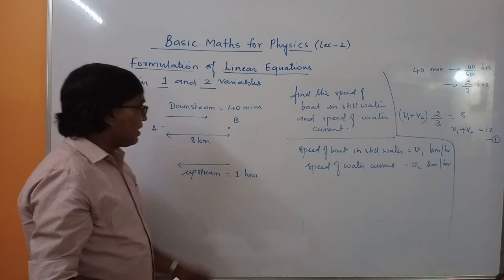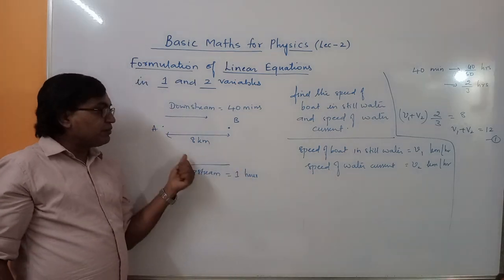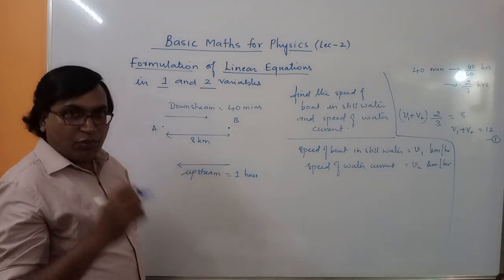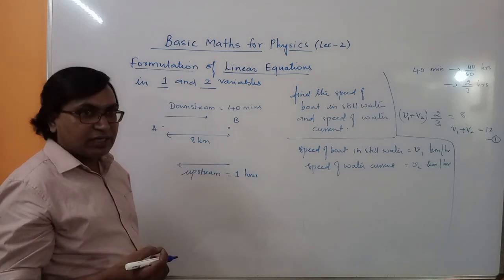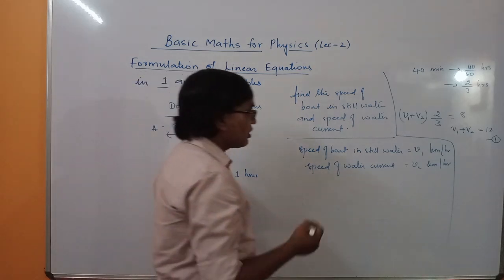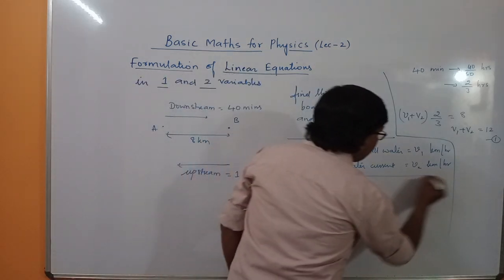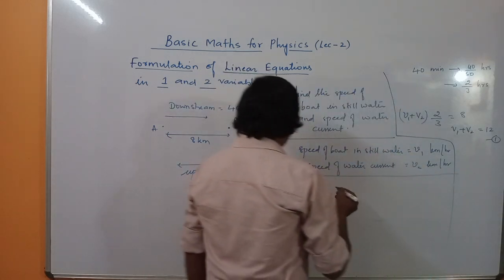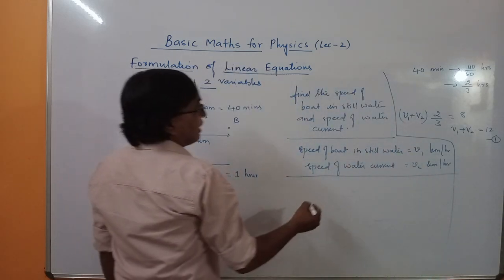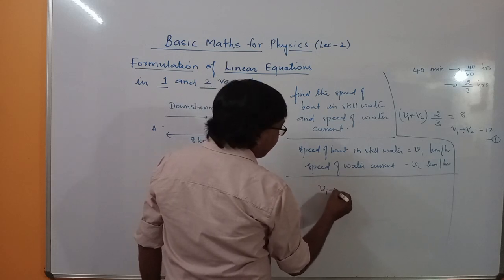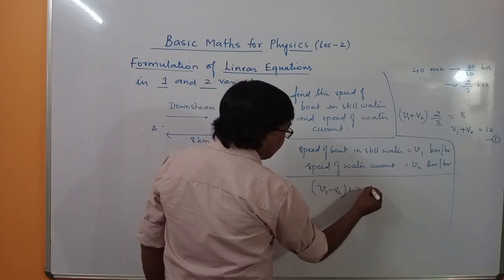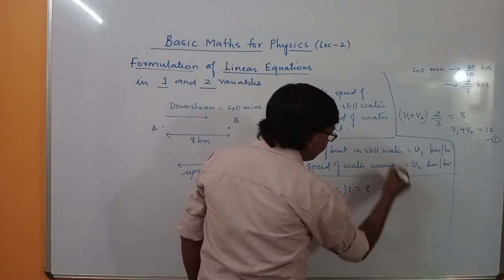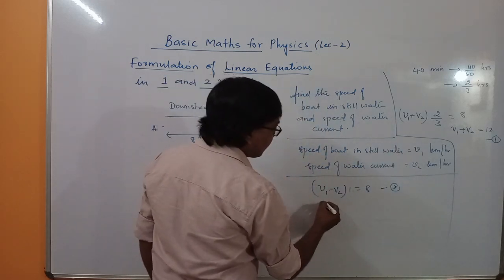Then the second equation we write for upstream. When it is going upstream, the speed will be V1 minus V2, the boat speed with respect to water minus the current speed. So V1 minus V2, time taken is 1, that is 8. So this is equation 2. Let us solve these equations.